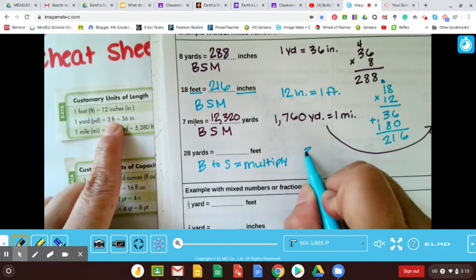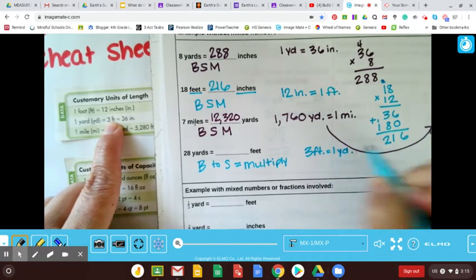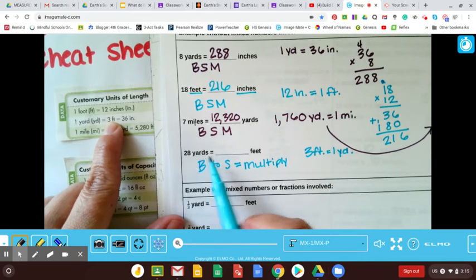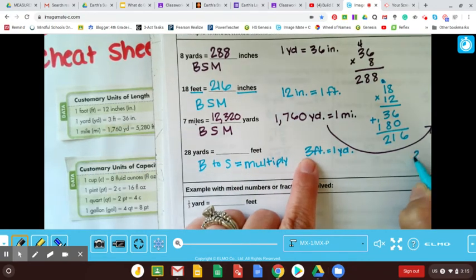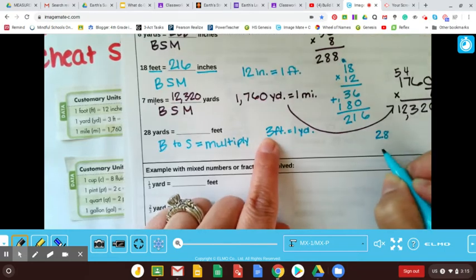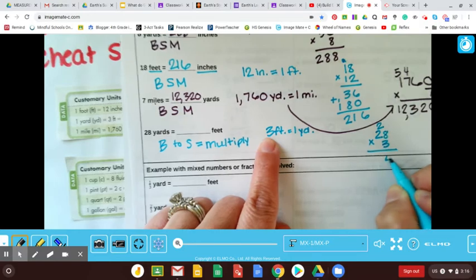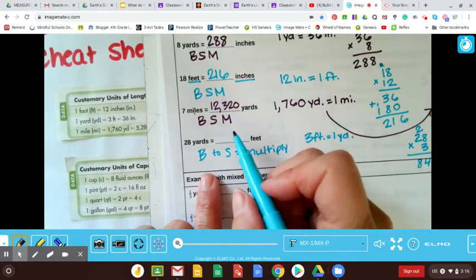Well, there's 3 feet in 1 yard. So if we had 28 yards, how many feet would that be? We're going to multiply. So we're going to do 28 times 3. 3 times 8 is 24. 6, 7, 8. So it'd be 84 feet.